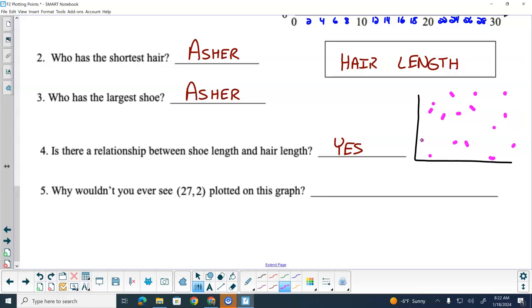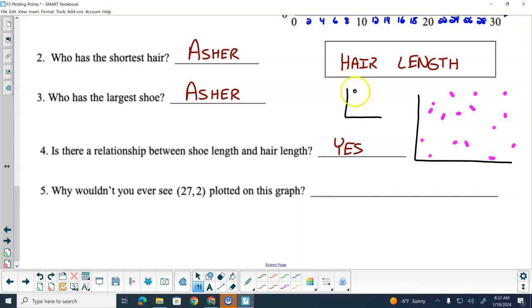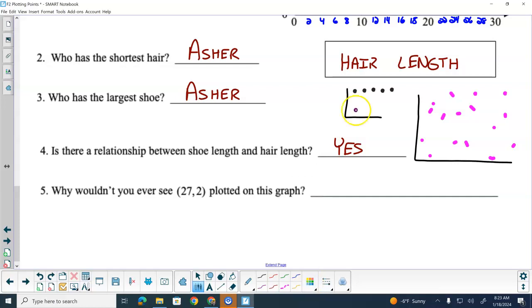But you will also see some graphs that look like that, where you can definitely tell that there is a relationship, or that look like that, where you can definitely see a pattern developing.